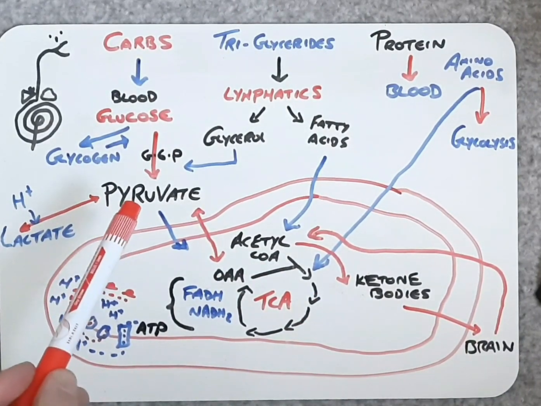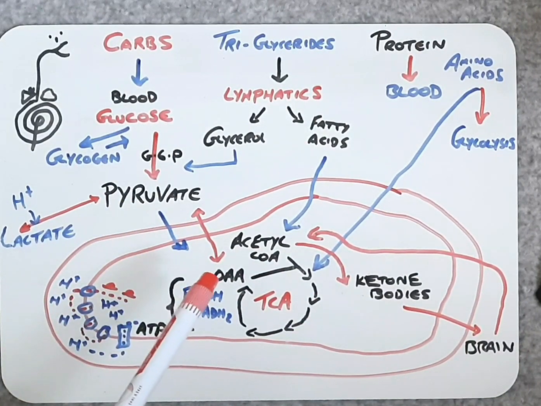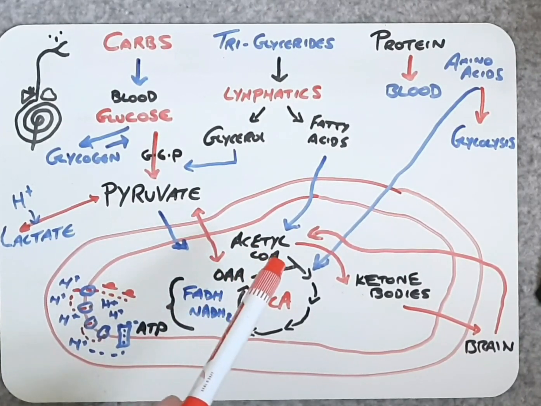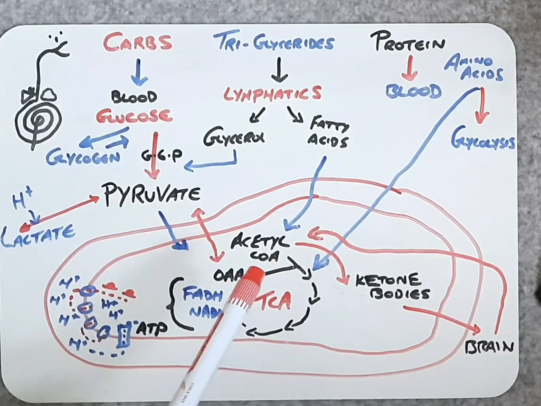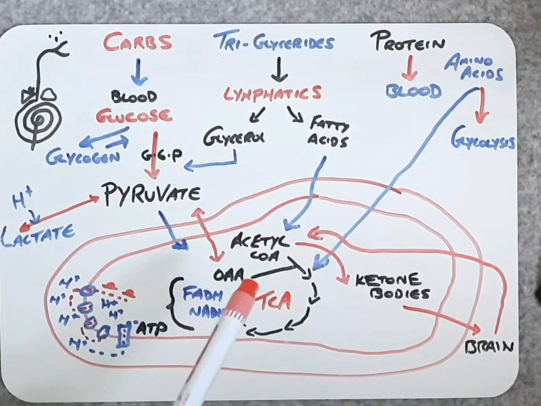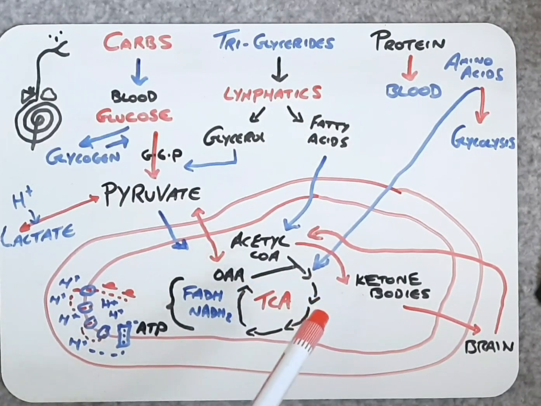Once the pyruvate has entered into the mitochondria, it then turns into something called acetyl-CoA. And acetyl-CoA, using its friend oxaloacetate, join together to start off the Krebs cycle.